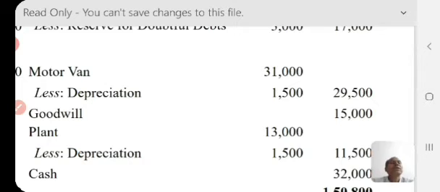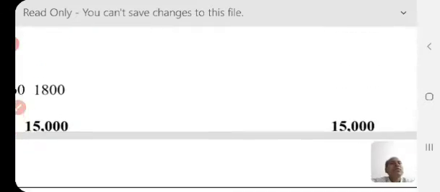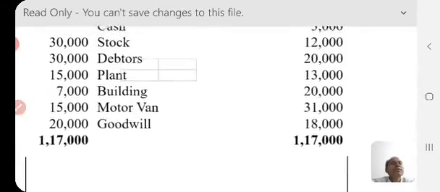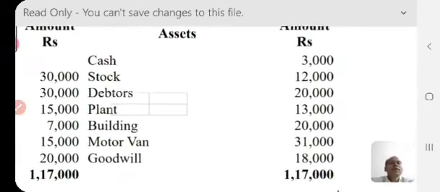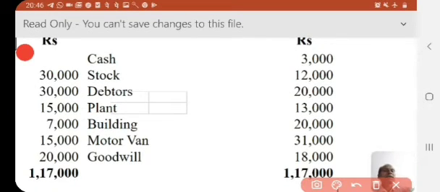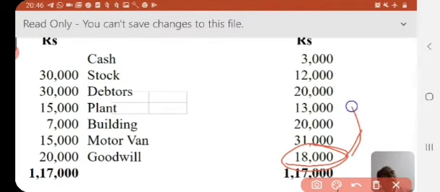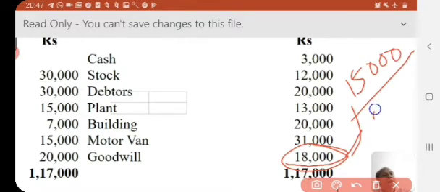And goodwill. Is there any change in the goodwill? Earlier it was 18,000. See this? The goodwill is 18,000, but in the adjustments it is given as 15,000. That means 3,000 of the goodwill is depreciated.